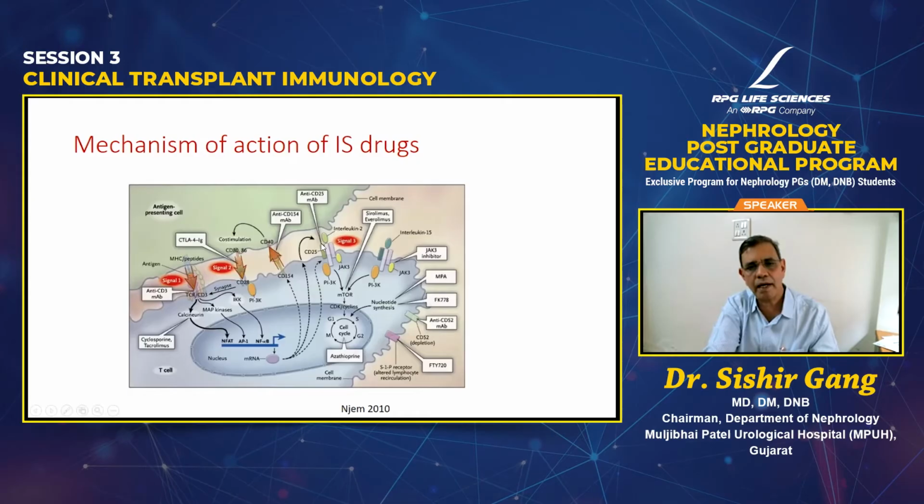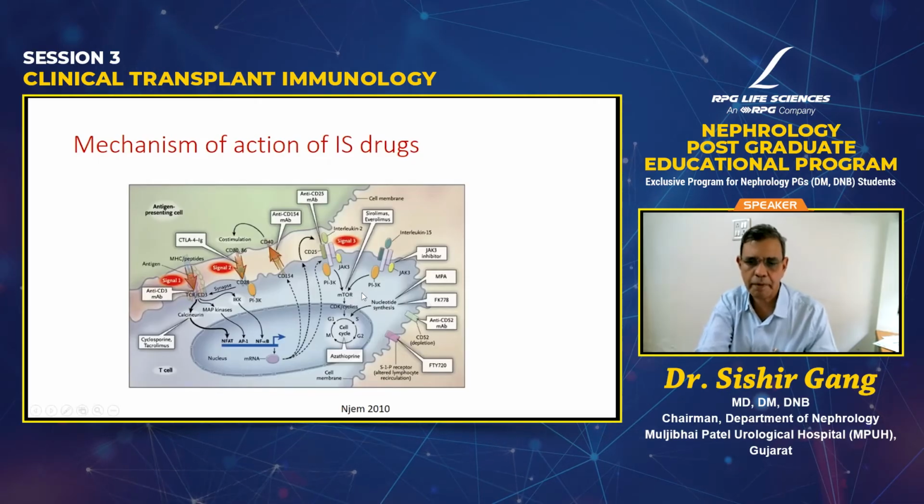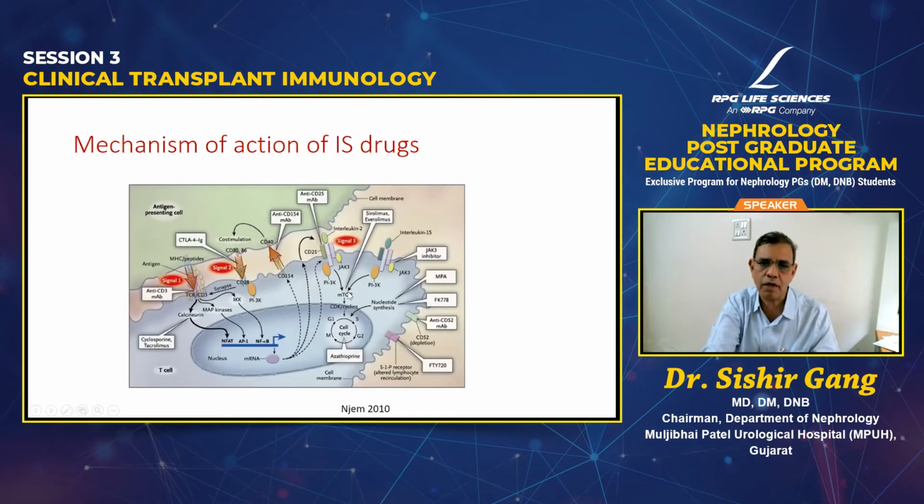Similarly, the antibody to where interleukin 2 acts, the anti-CD25 monoclonal antibody, also known as Simulect in the trade, blocks the proliferation of the T cells. This is usually given at the time of transplant to prevent the activation of T cells and prevent them from damaging the graft. Then there is the downstream mTOR pathway, the mammalian target of rapamycin, where sirolimus and everolimus act.